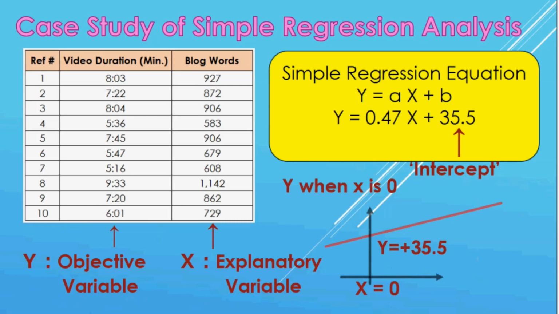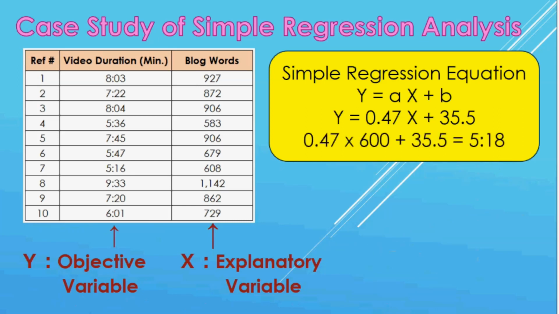From my equation, if the blog has 600 words, x is 600, 0.47 times 600 plus 35.5 equals 5 minutes 18 seconds. I can predict video duration quite accurately with this, and it's very helpful.